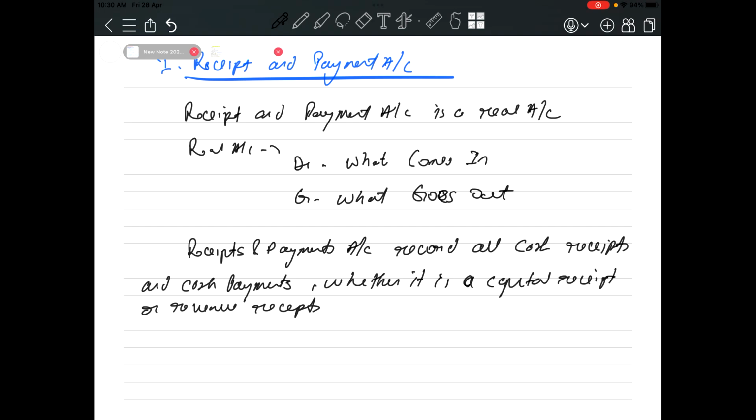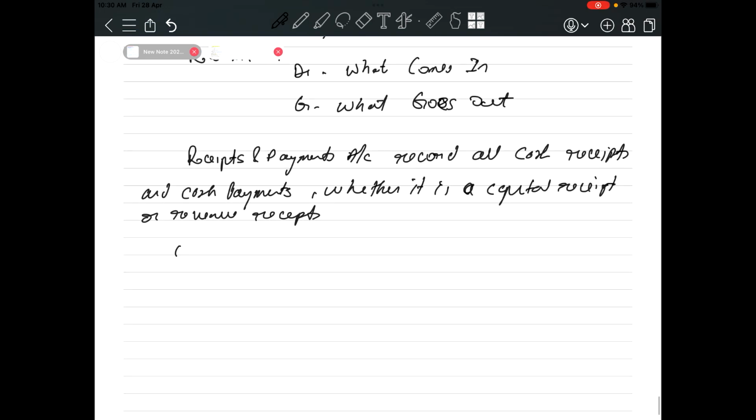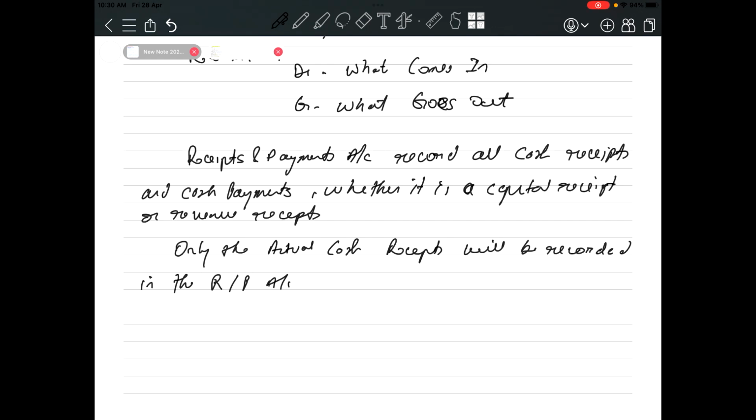Now what will this receipt and payment account take into account? Only the actual cash receipts will be recorded in the receipt and payment account.